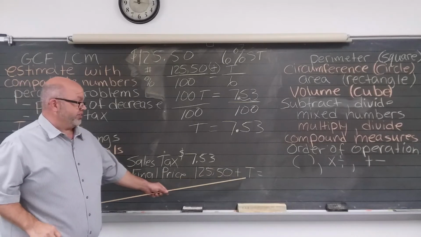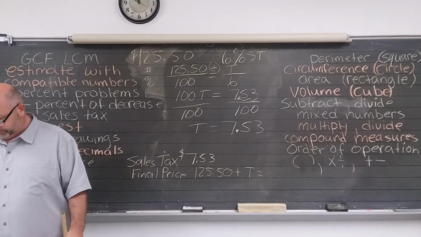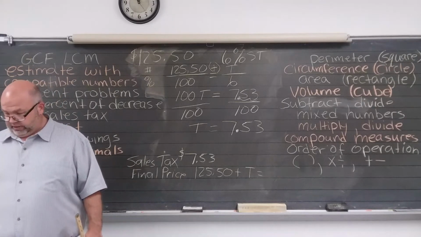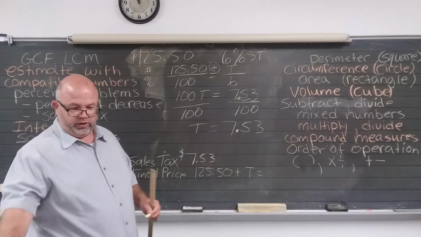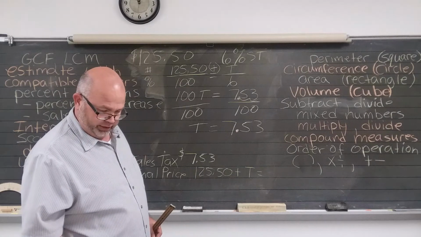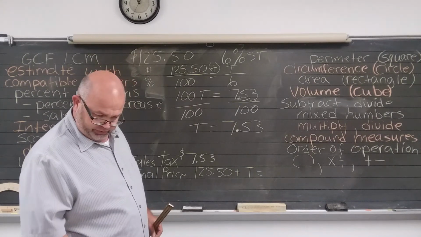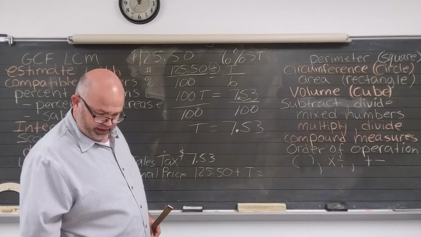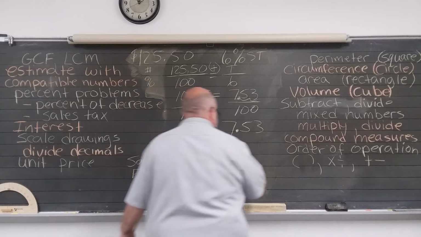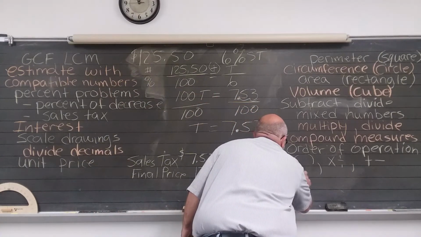125.50 plus the sales tax. Oh my Lord, I subtracted. Well, let's add. Sales tax means you're adding 125.5 plus 7.53 equals $133.03.